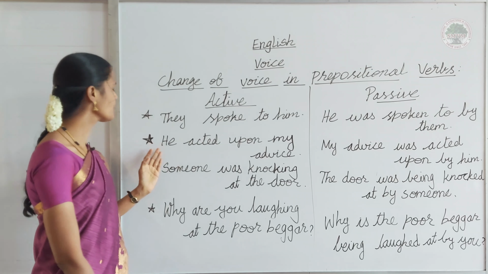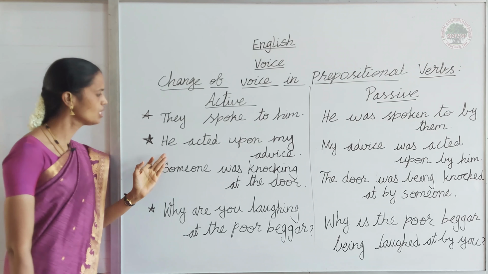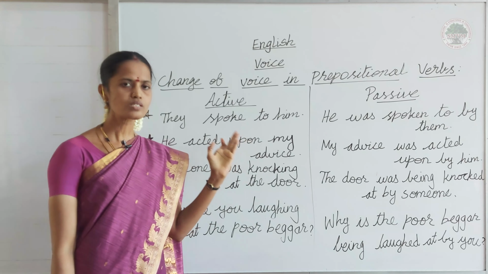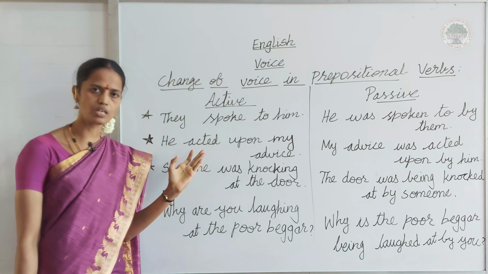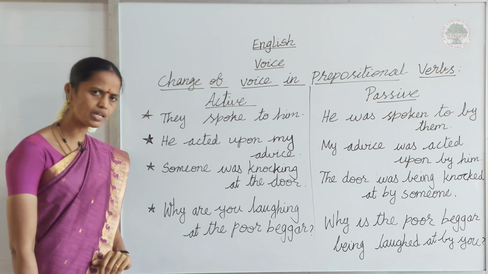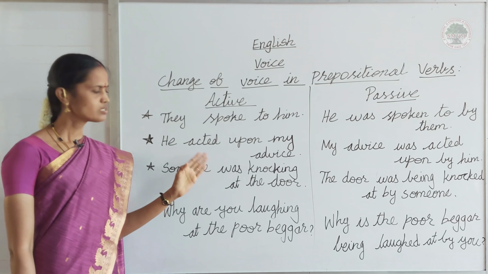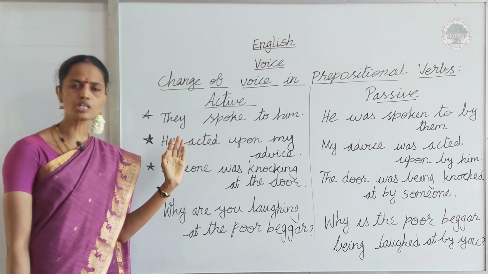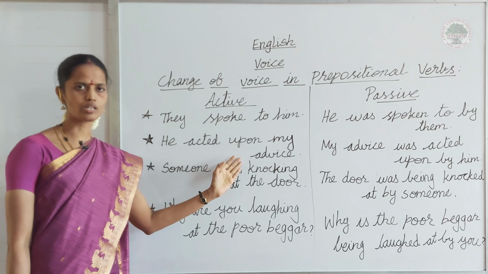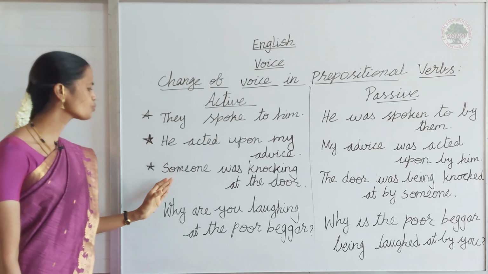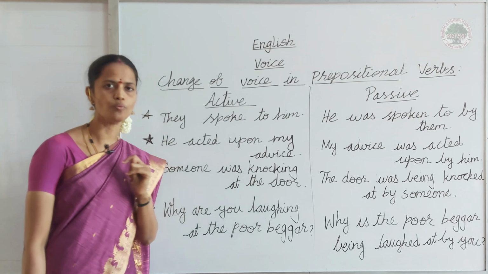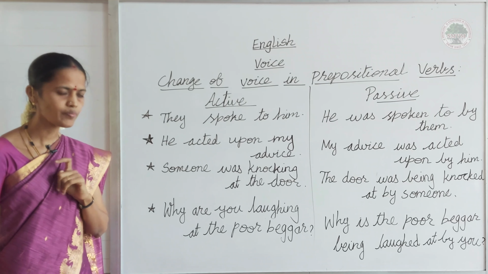Okay. Then if we take the second example, he acted upon my advice. So what is the verb we have used here? Acted. Then what about the preposition? Upon. So what is the prepositional verb we used here? Acted upon. Okay. Third one, someone was knocking at the door. What is the verb here?